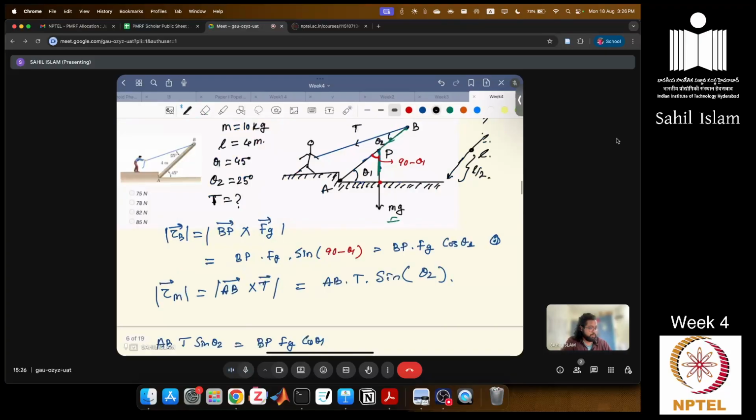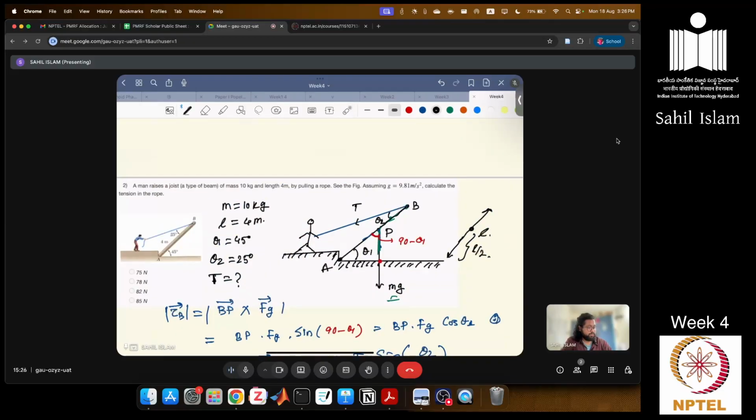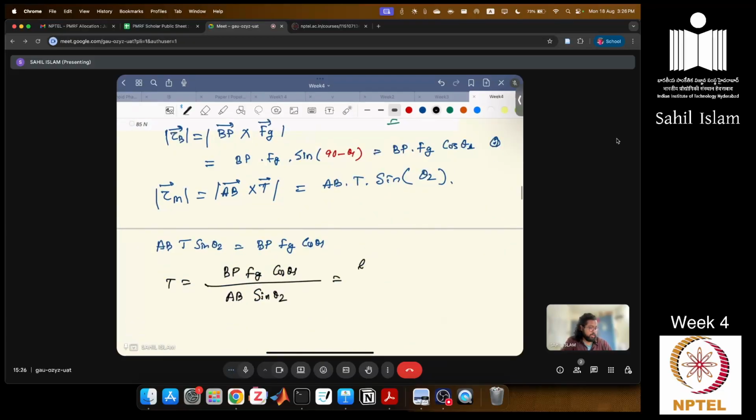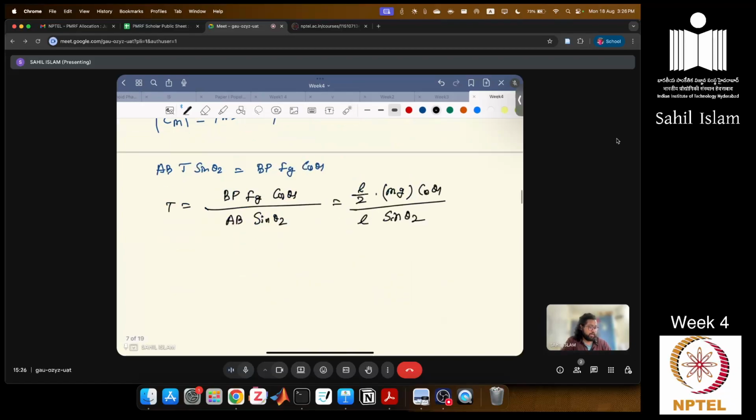BP is half of this length, so L by 2, Fg is mg, cos theta 1, by AB which is L, sine theta 2. So L gets cancelled out, so mg cos theta 1 by 2 sine theta 2.